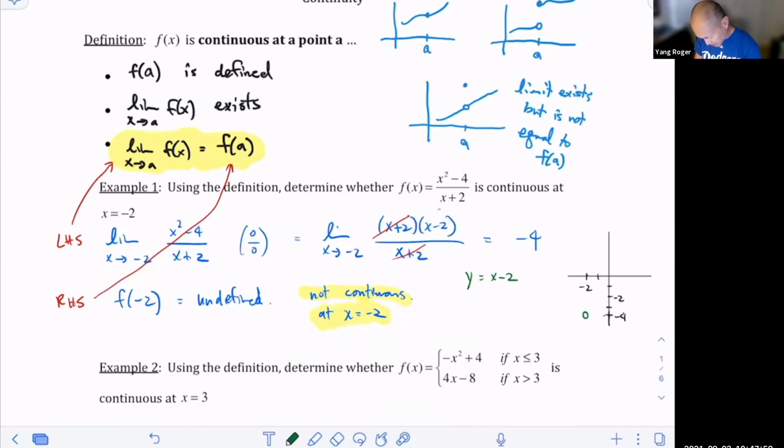But this is a line of slope 1 that's going through the y-intercept of -2. So this line kind of looks like this. Does that make sense? It's a line with a hole in it. The reason we have the hole at -2 is because the function is undefined at -2, because -2 is not in the domain. Does that make sense to everybody? Did anyone have any questions about this?